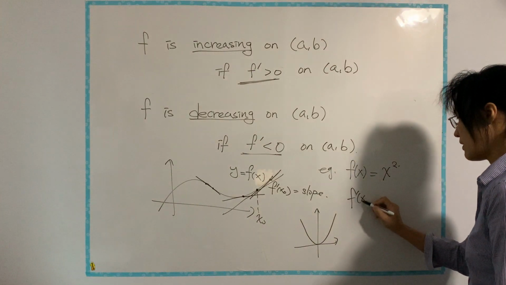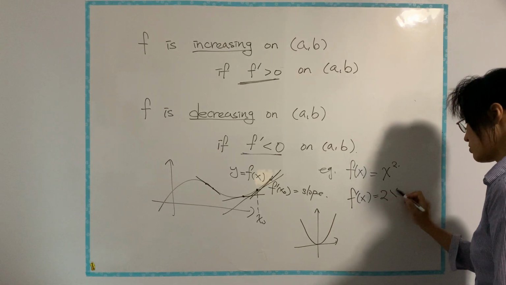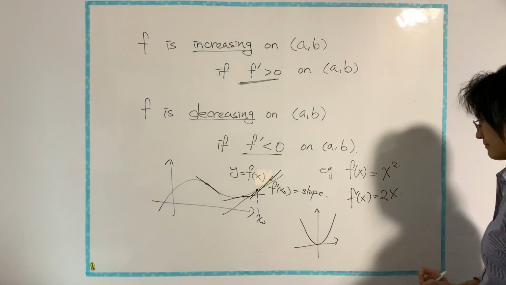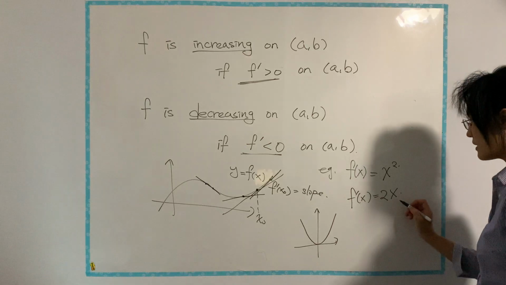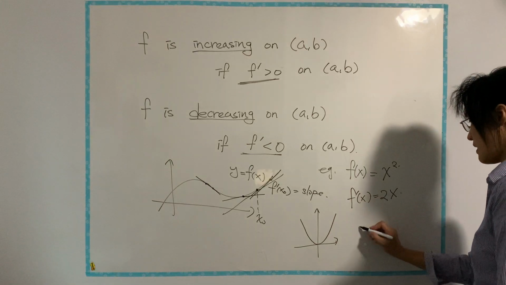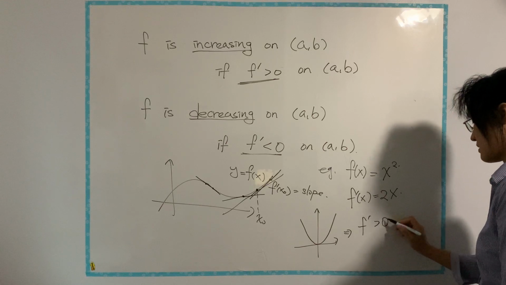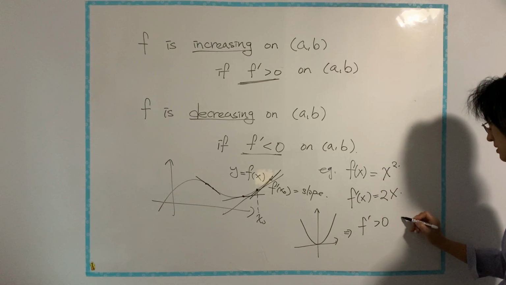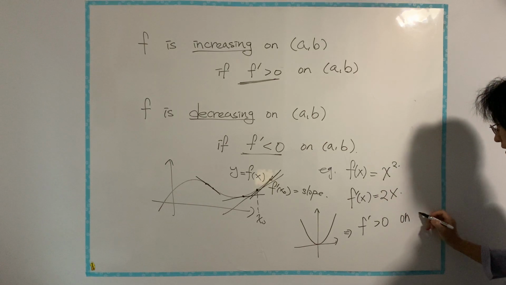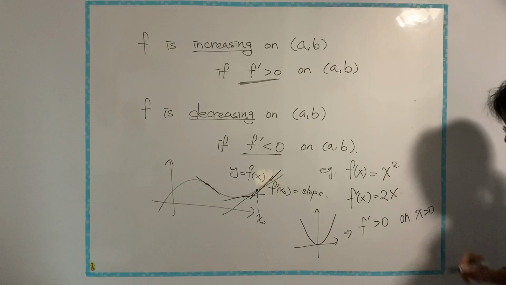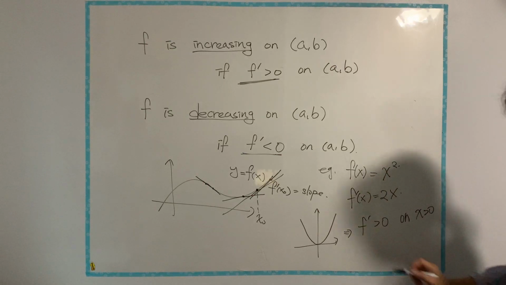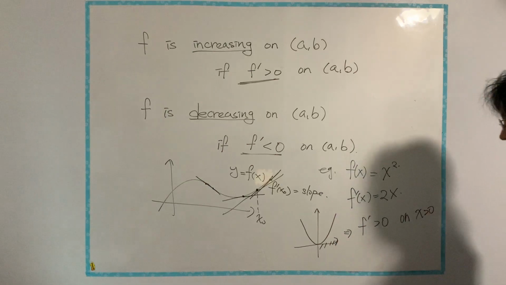So f prime is equal to 2x, right? Then I know that f prime is positive on the interval where x is positive, right? So that will be here.